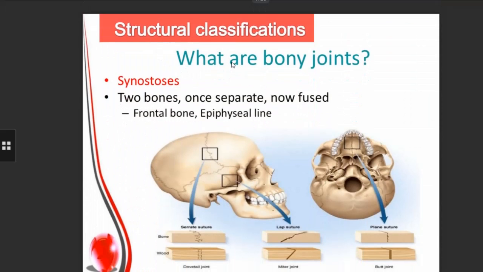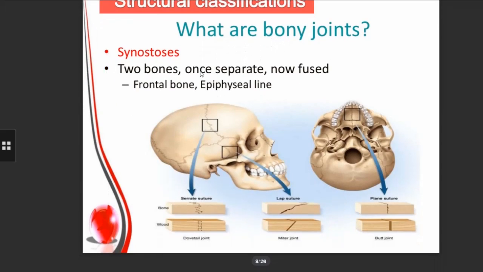Structural classification, there is another part, bony joints. What are the bony joints? Synostosis. What is synostosis? Two bones once were separated, but with the progress of age, they became fused with each other. Like we have the frontal bone, where you can see that sutures become synostosis with the progress of age.